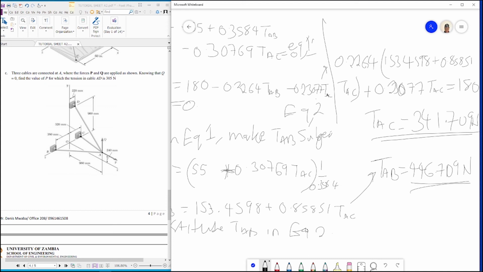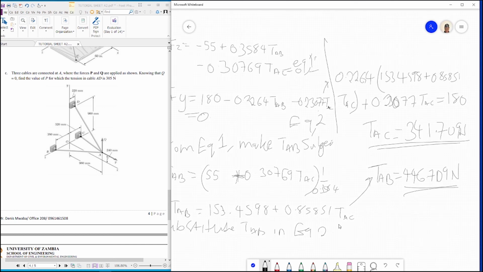Okay, now that we have these two, this is a bit long.